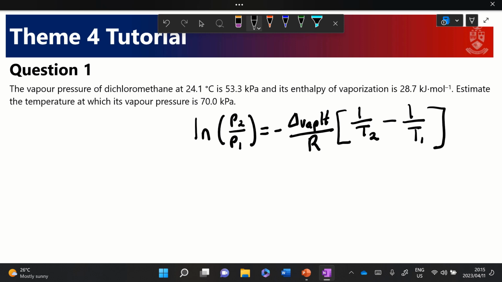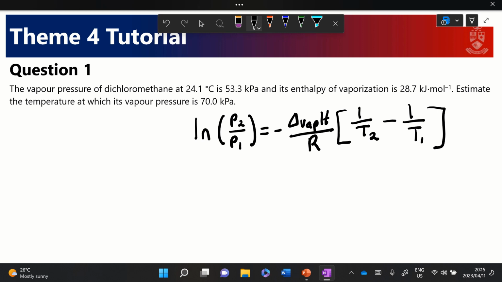Alright, so that's immediately our first thing that we know, because we're dealing with liquid-vapor transitions. We're given enough information. We're given a vapor pressure at a temperature, we're given another vapor pressure, and we're asked to calculate its corresponding temperature. We're given the enthalpy, we have R. So it's just a straightforward application of this equation and just the calculation.